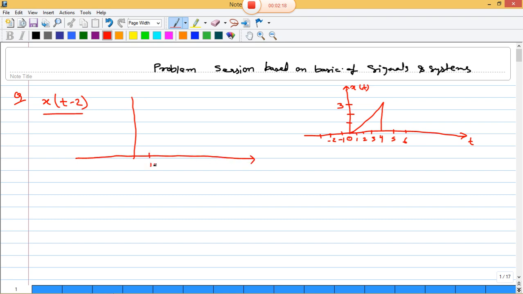So here 1, here 2, here 3, here 4, here 5, here 6, here 7. Okay, here 0, here -1, here -2. Now our signal will shift by 2.